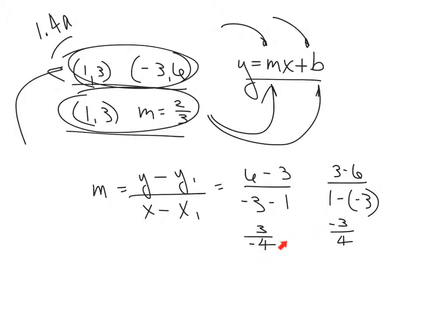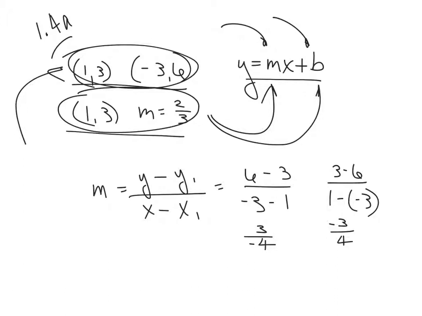So you get to choose. But anyway, the slope is the same. We took the difference in y's, the difference in x's, and we got the slope, which we can plug in there, and then all we have to do is find the y-intercept, which is what we're going to do later on.